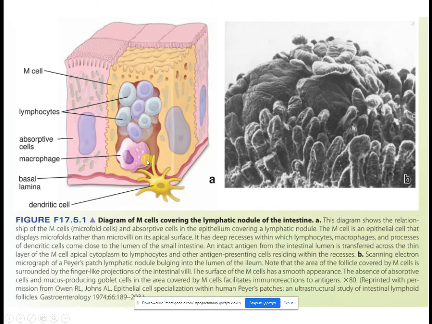Here we have antigen presenting cells and lymphocytes which respond to it, and if a potentially dangerous bacterium happens here, we produce antibodies against it, or T cell immunity is activated here. So we react somehow. That's the function of the M cell. It's just being a vessel for immunity cells.